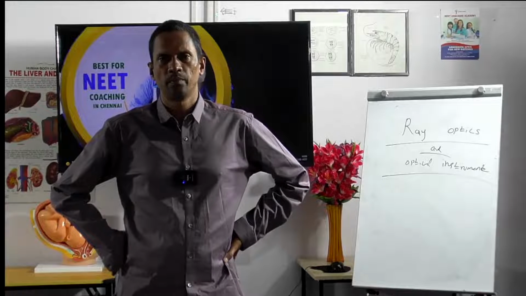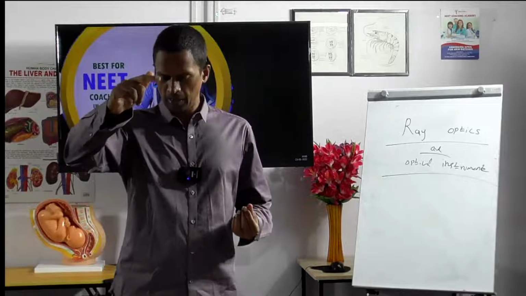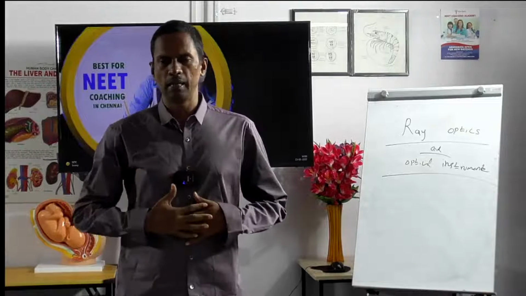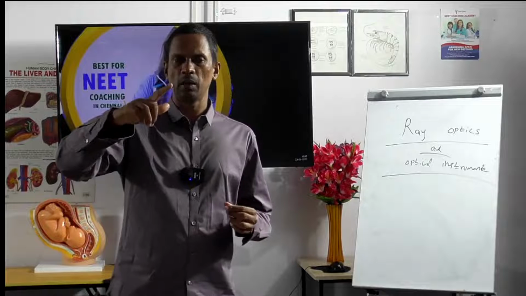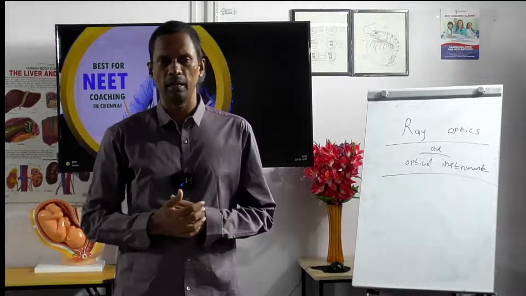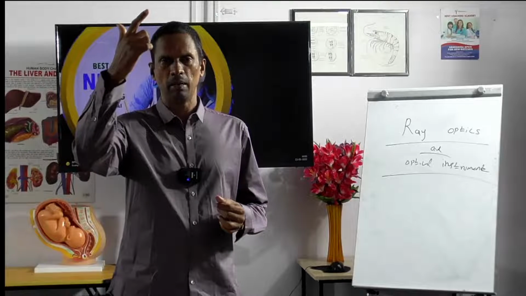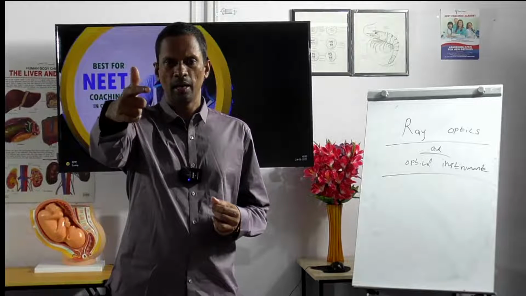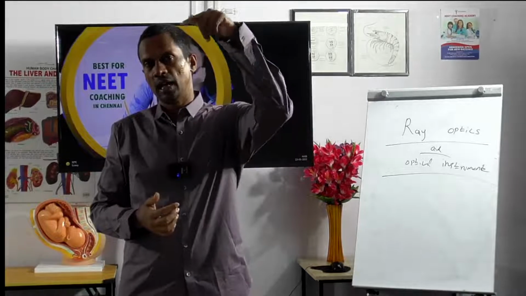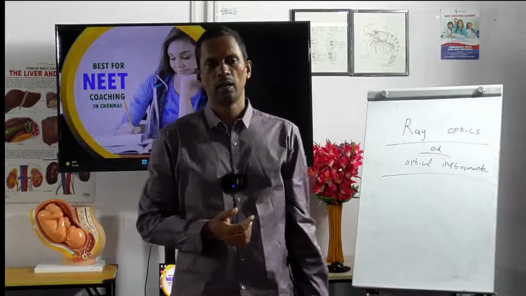I'm placing a ball, and the image is formed behind the mirror. The distance between the mirror placed here and the ball is called u, and the distance between the mirror and the image viewed is v. Do you understand now?